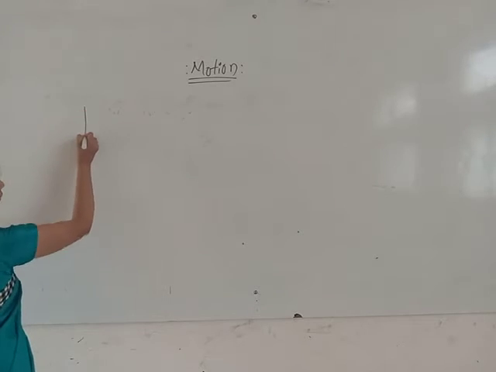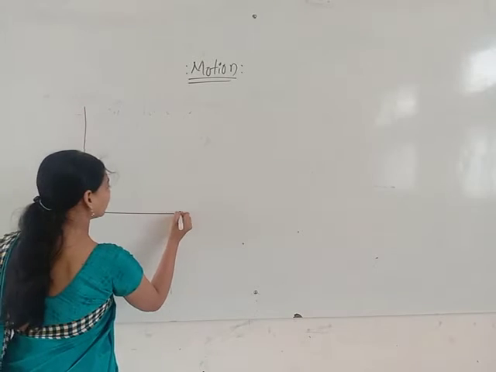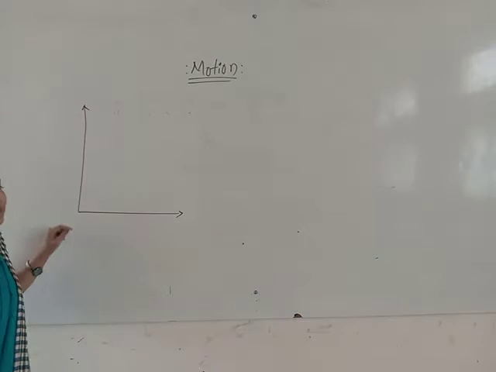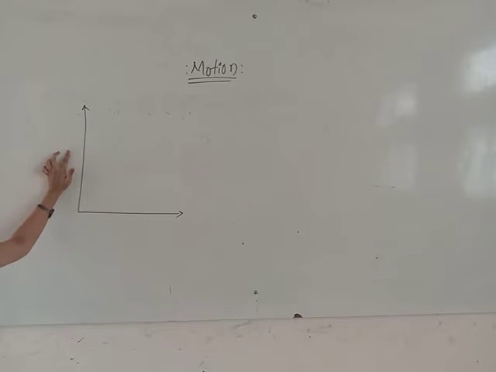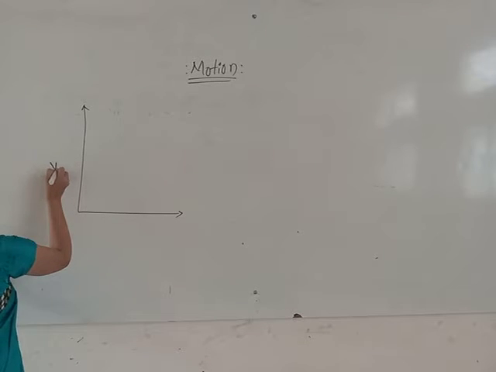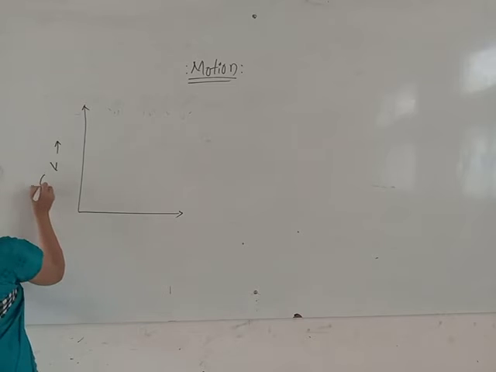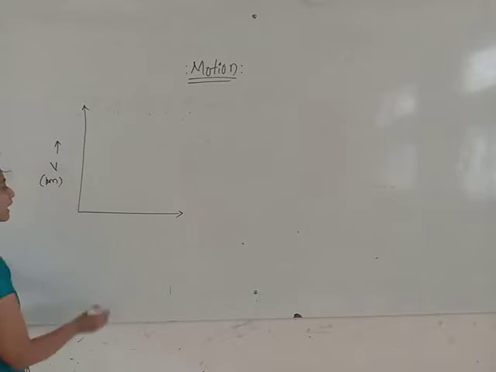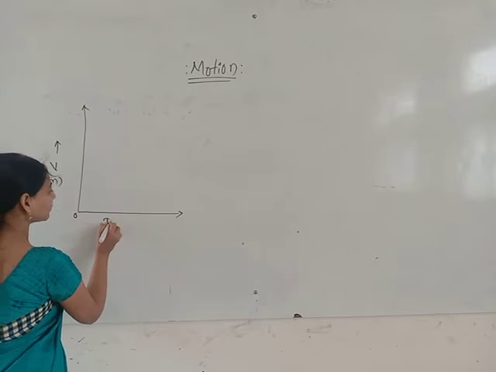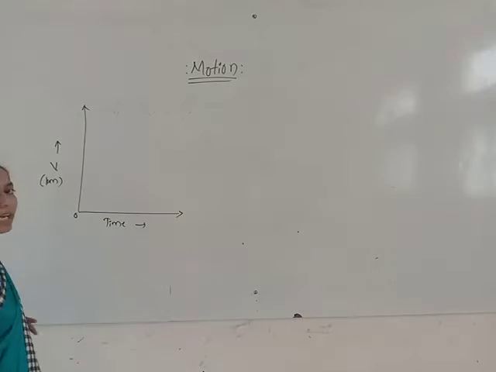So in the distance time graph, we just took the distance on the y-axis and time on the x-axis. In the velocity time graph, we take velocity in this direction, in kilometers, and next the time in hours.